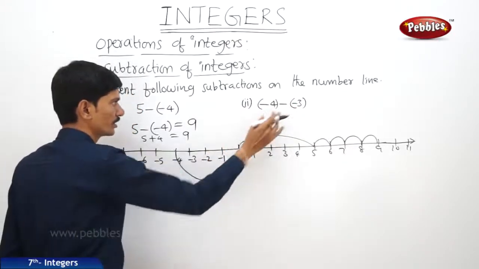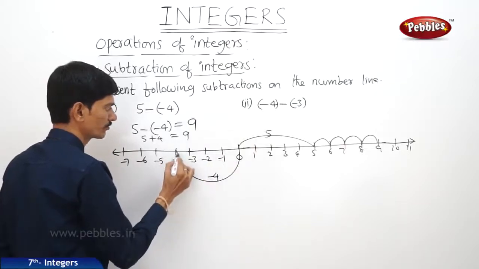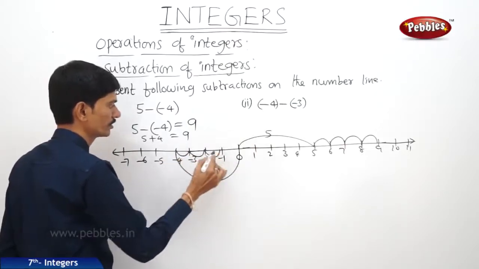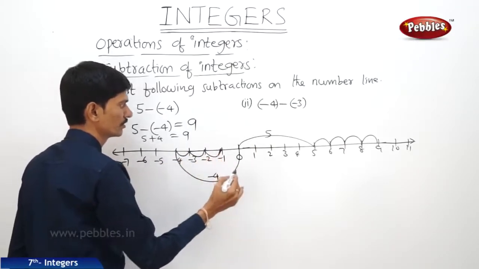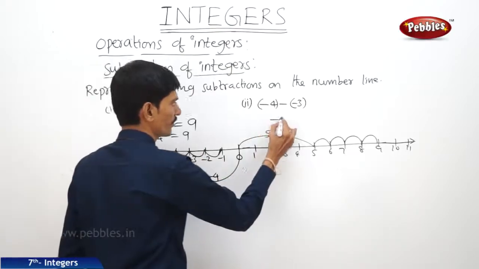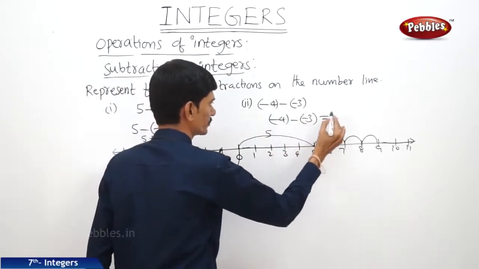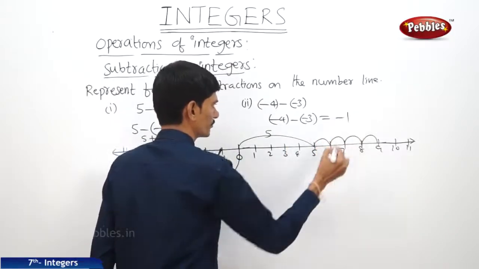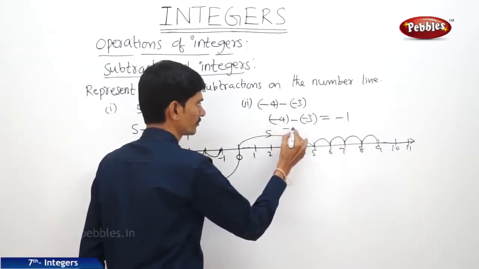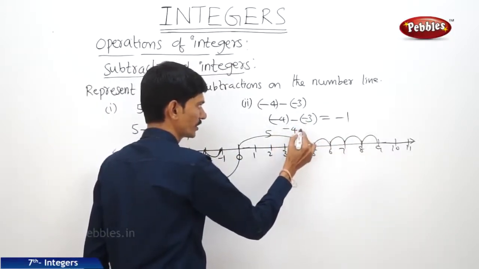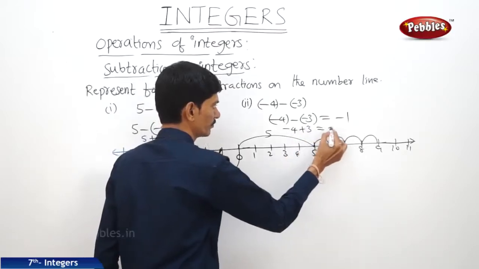So here we move 3 units right. So that is 1, 2, 3. So we reach minus 1. So then minus 4 minus of minus 3 equals to minus 1. So this can be written as minus 4 minus of minus becomes plus 3 equals to minus 1.